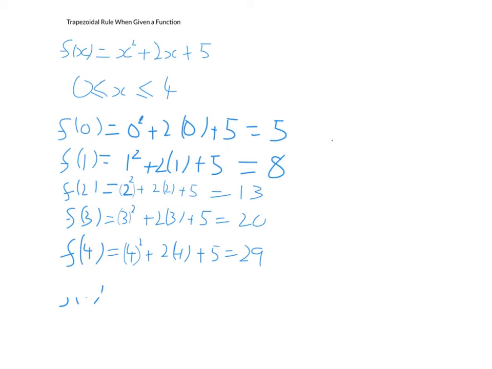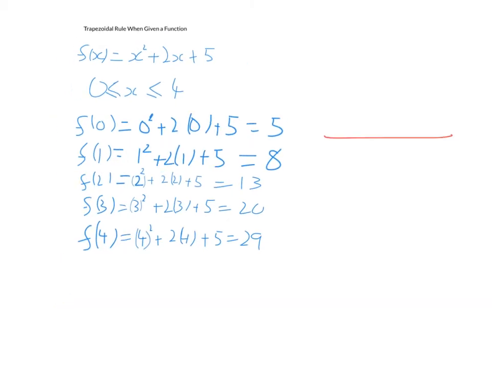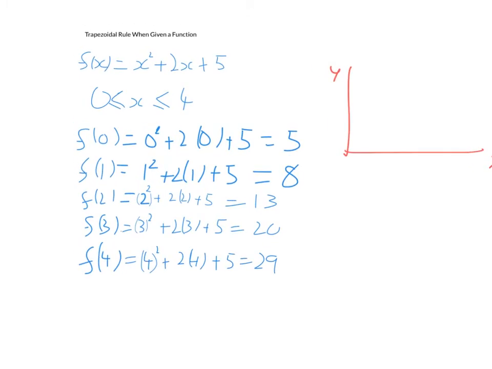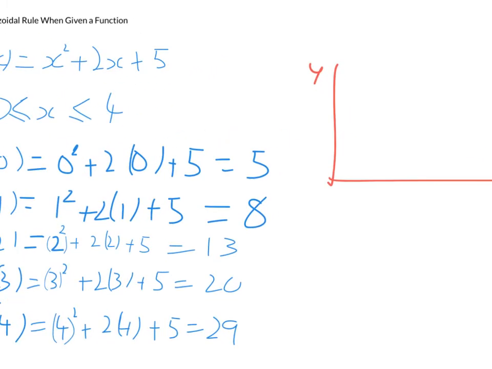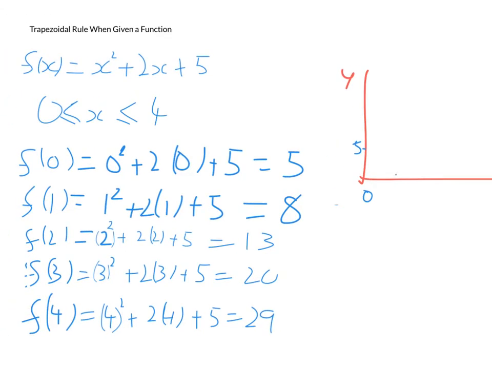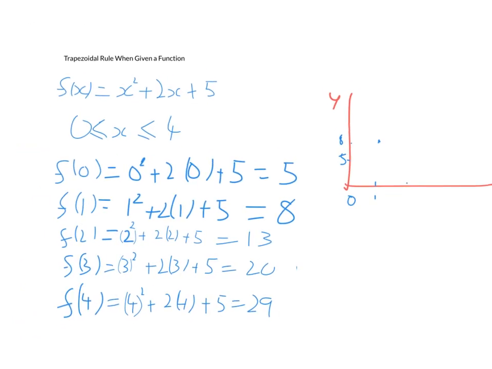So what we'd see is we'd have an x-axis and a y-axis. At 0 on the x-axis, the y value will be 5. At 1 on the x-axis, the y value will be 8. At 2, it will be 13.